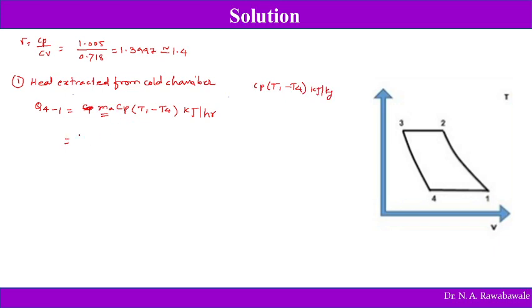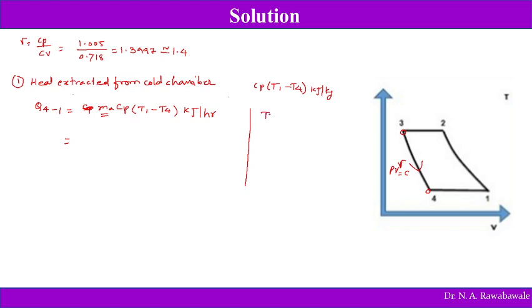So mass flow rate of air we know, Cp we know, T1 we know. To find out T4, we have to use this correlation, applying the PVT relations to process 3-4, because this process 3-4 is an adiabatic process. PV raised to gamma is equal to constant.